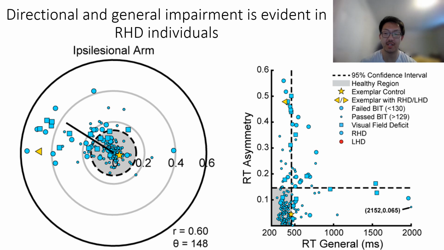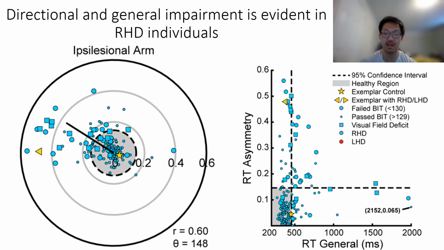Examining this figure, first you can see that right hemisphere damaged individuals can be asymmetric in any direction of reach, but across the population we see a trend for the asymmetry to be towards the top left of the workspace. Now in the figure on the right, we compare reaction time asymmetry and general to see the relationship between directional and general impairment.